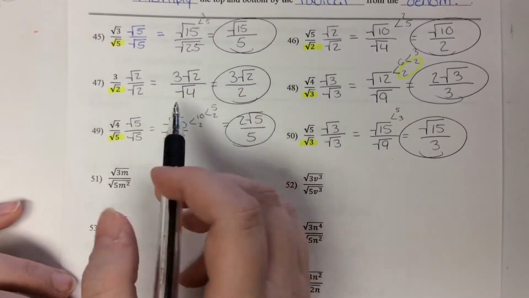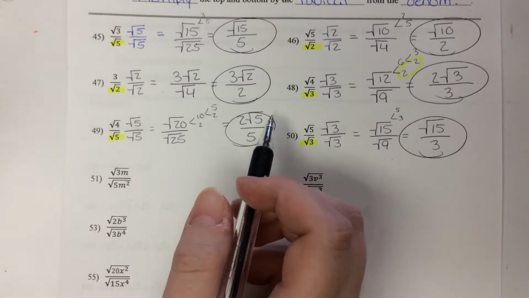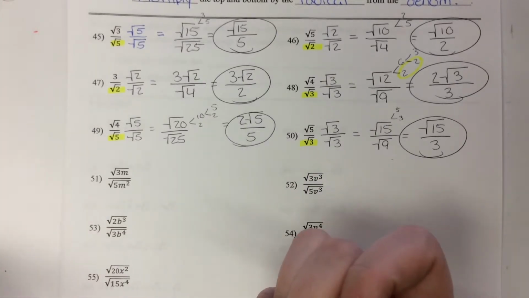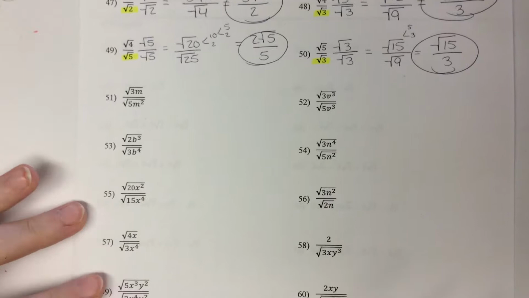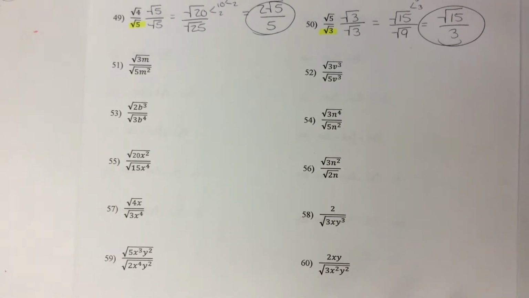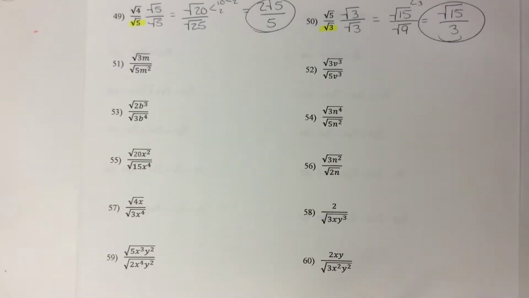The first 6 up here were just numeric, and now we're going to the bottom where we're going to throw in some variables, okay? So one thing that I want you to remember about the previous day when we did multiplication and division is that coefficients can be multiplied with other coefficients. Well, they can also be reduced or divided, I guess you would call it, with other coefficients.